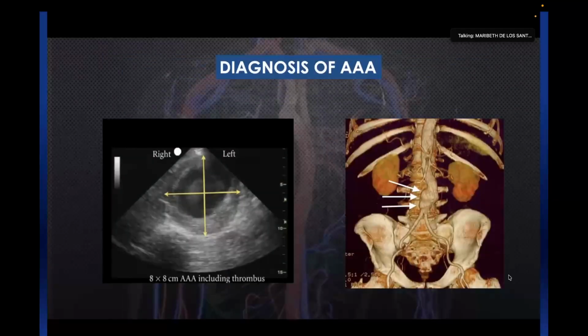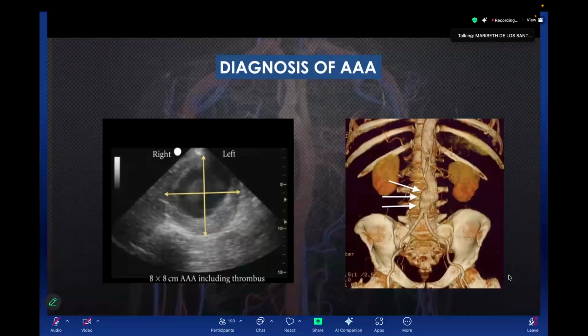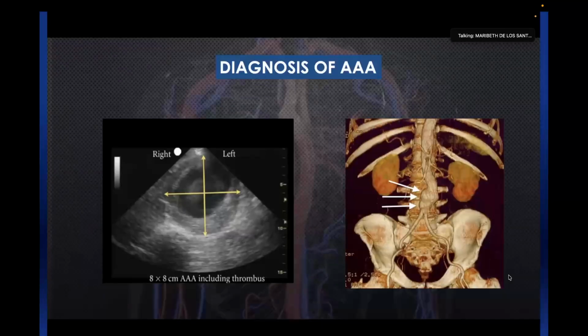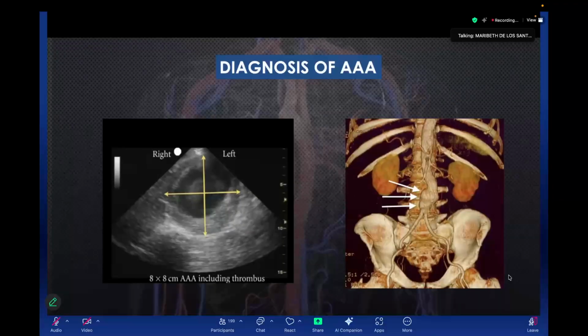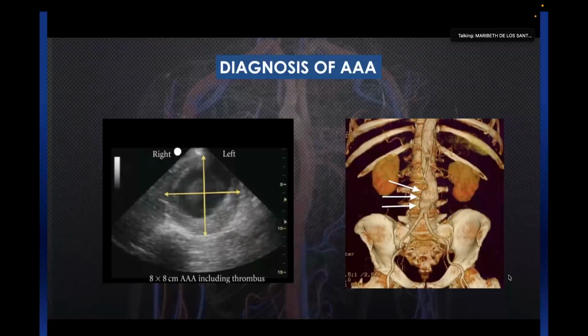So how do we diagnose this very important AAA? One is of course by ultrasound. This is readily available in almost all hospitals, and this is not that expensive. And the ultrasound is also used to monitor progression in size.